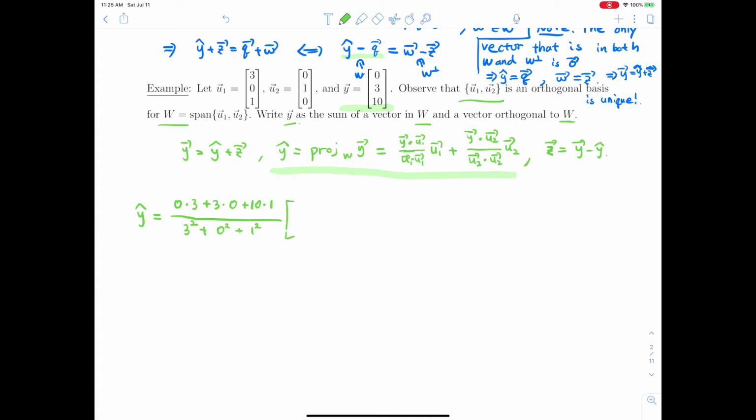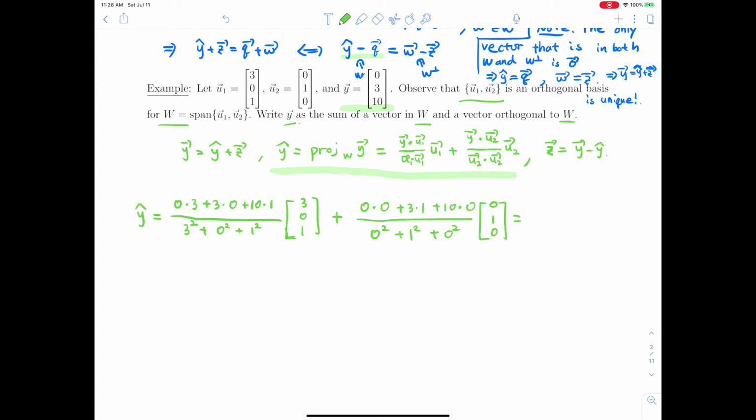And you multiply this by the vector u1 that is given by 3, 0, and 1. And you do the same thing for the other side. So the numerator equals 0 times 0 plus 3 times 1 plus 10 times 0. And you divide this by the magnitude of u2, which is given by 0 squared plus 1 squared plus 0 squared. And you multiply this by the vector 0, 1, and 0.